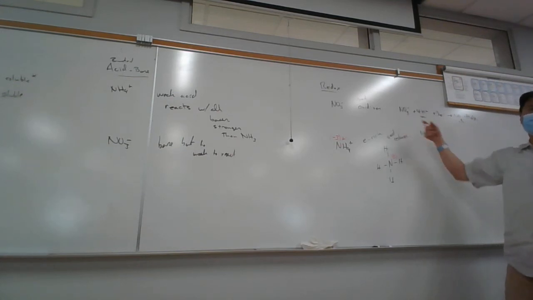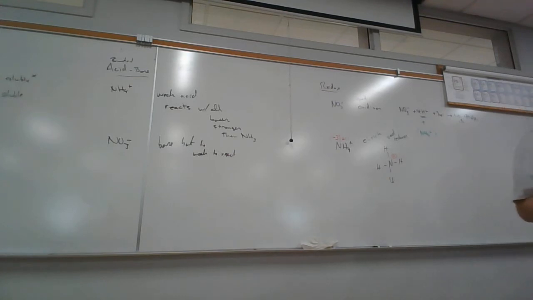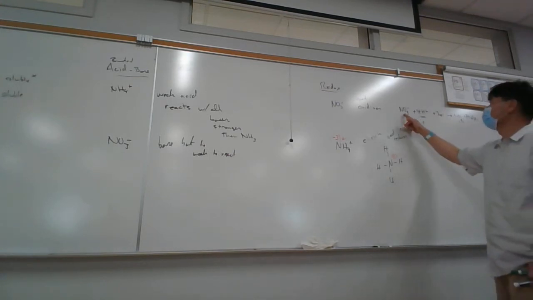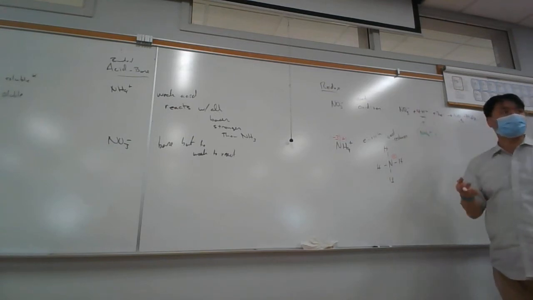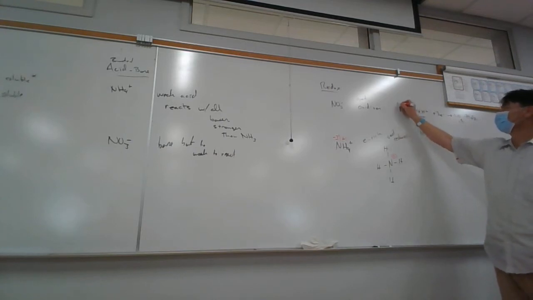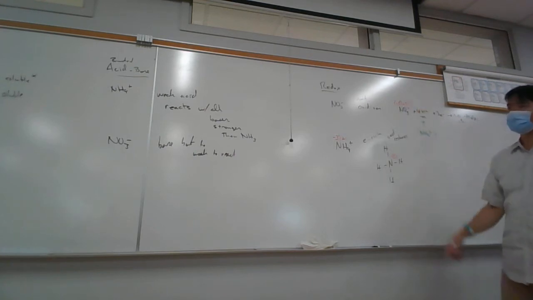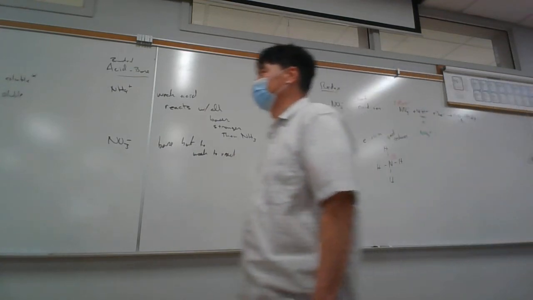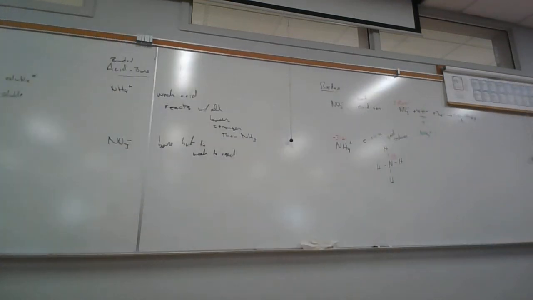Well, nitrogen versus oxygen, who wins in this case? Oxygen. Oxygen's more electronegative, so it's going to take all the electrons, leaving nitrogen with no electrons. So if nitrogen loses all its electrons, what is it? Plus 5. Oxygen's -2. Oxygen's going to be happy at -2. The reason this is scary is because one of these nitrogens here is rich at -3. The other nitrogen here is poor at +5.